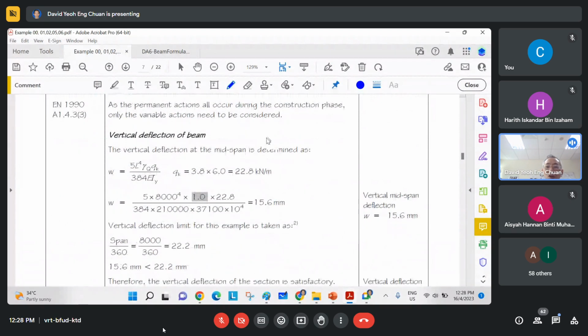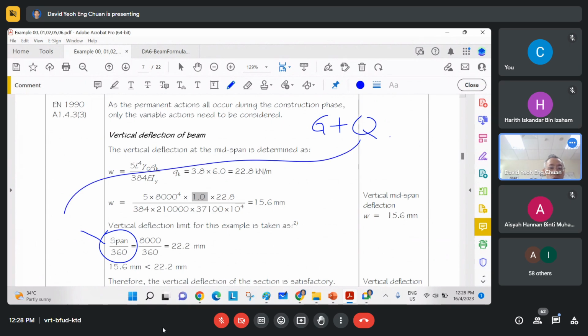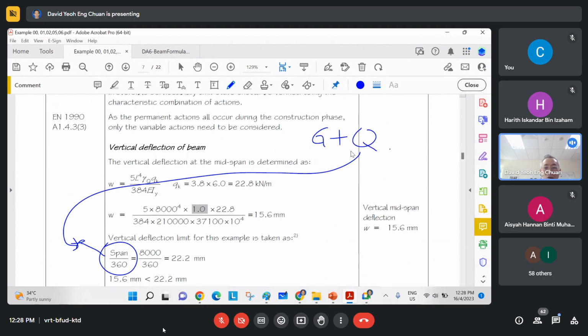So in deflection, we have G plus Q. Okay, but when we use this, with the assumption that this is derived based on Q only, and that the original load, the dead load, is already sustained there. So we use Q without factor, no factor.